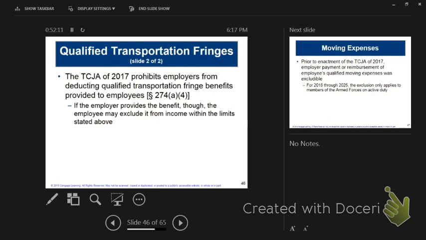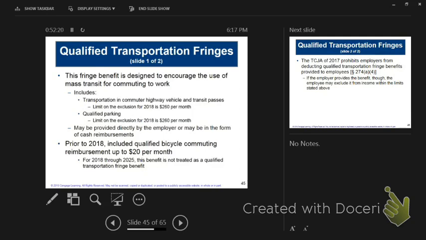So that prohibits employers from deducting all qualified transportation. So the $20 that we were just talking about was a reimbursement. They can't do that at all, and now they can't deduct it. So we'll have to pay tax on the $20, and now they can't deduct anything.